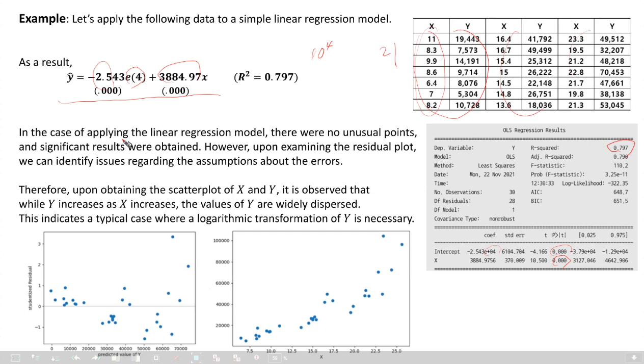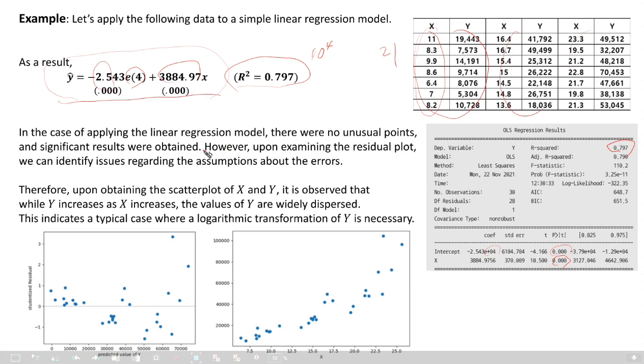In the case of applying the linear regression model, there were no unusual points. What is the problem of this result? We have enough r-square, and the p-value is 0.000000, so you want to use this result.